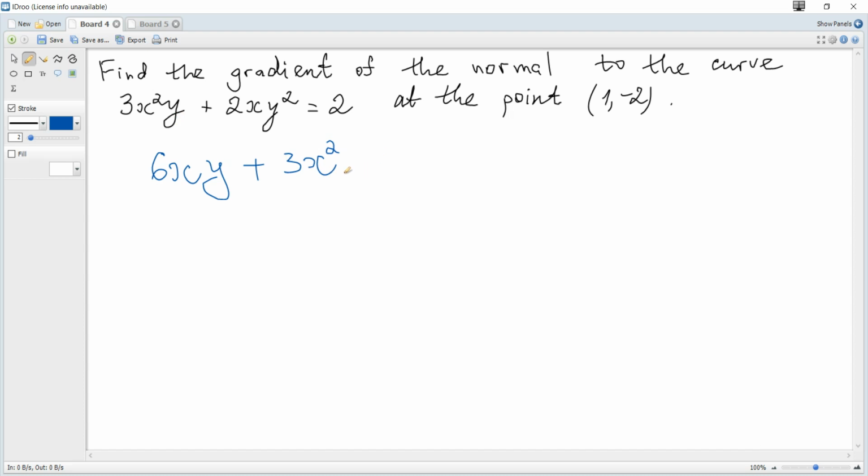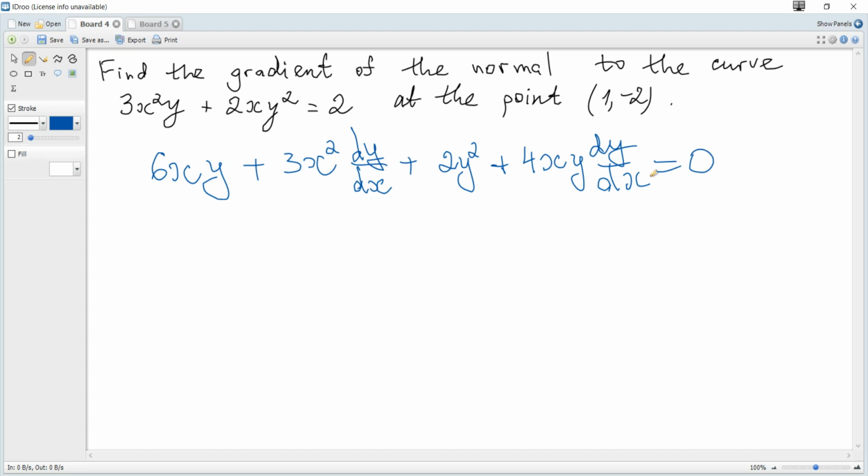Y is a function of x, so we apply the chain rule and it becomes dy/dx, plus 2x derivative, it's 2y squared, plus 2x times y squared derivative, it's 2y dy/dx, so finally 4xy dy/dx is 0, because the derivative of 2 is 0.